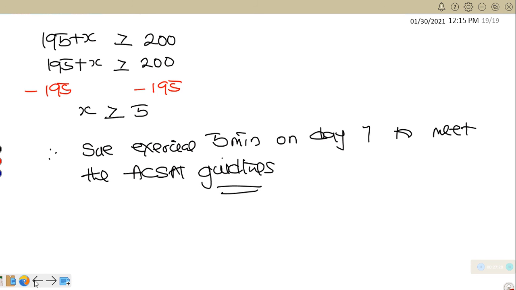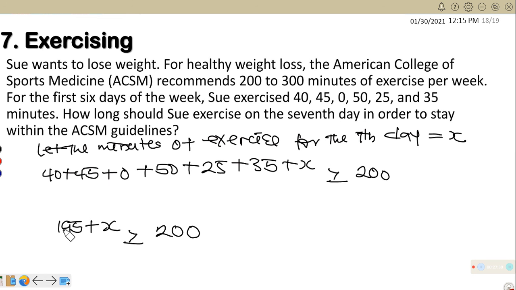Okay, so I'm going to go over that again. We say let the minutes of exercise for the 7th day equal X. Then according to ACSM, the sum of all the minutes for all the 7 days must be greater than or equal to 200.